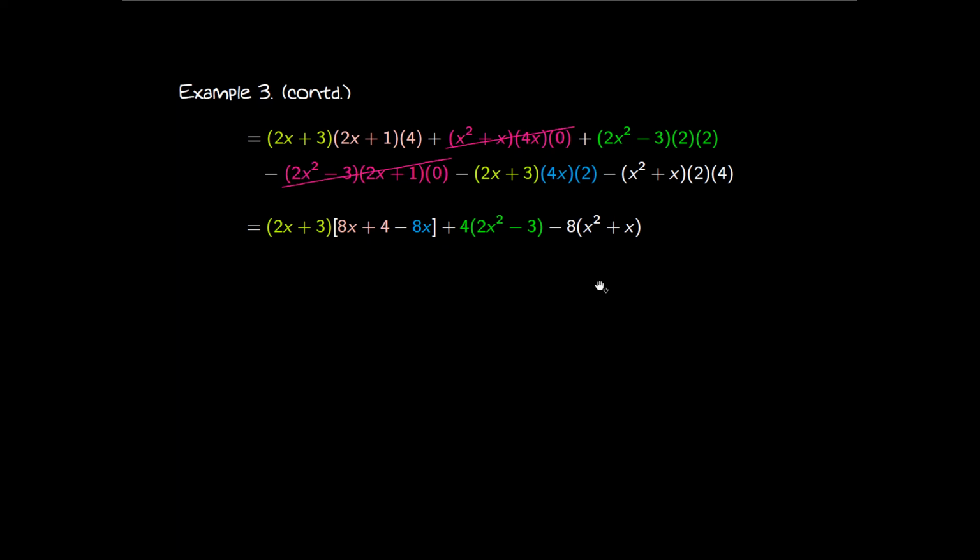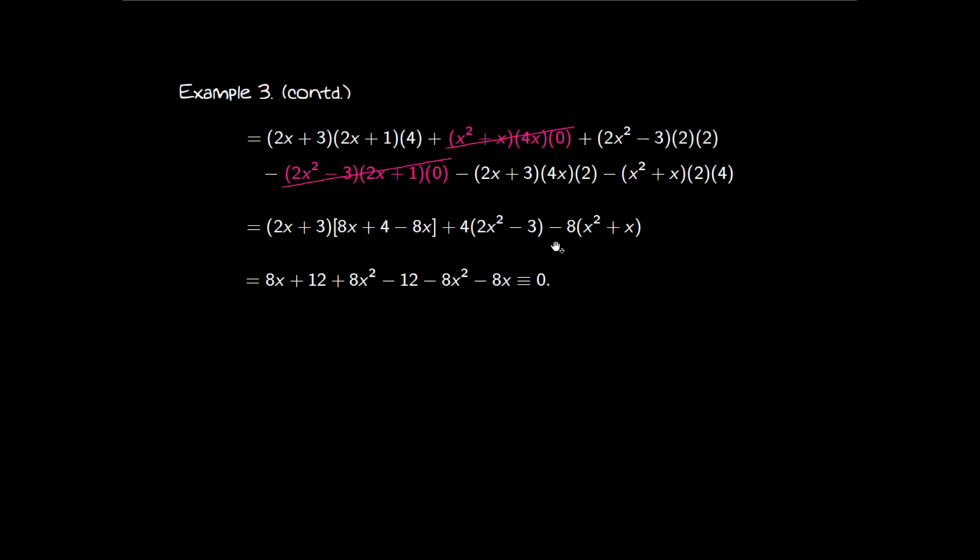Now we can carry out these products easily. In particular, for the first one, the 8x cancels the 8x, and you get 4 times 2x plus 3, which is 8x plus 12. The second term gives you 4 times this, which is 8x squared minus 12.